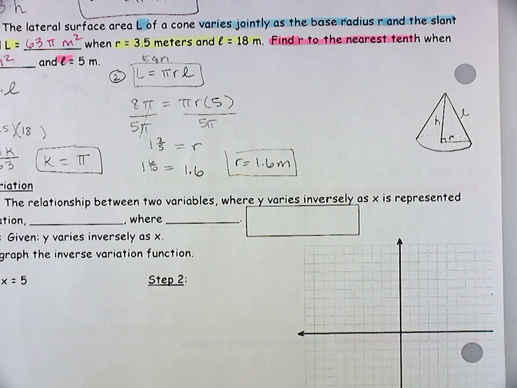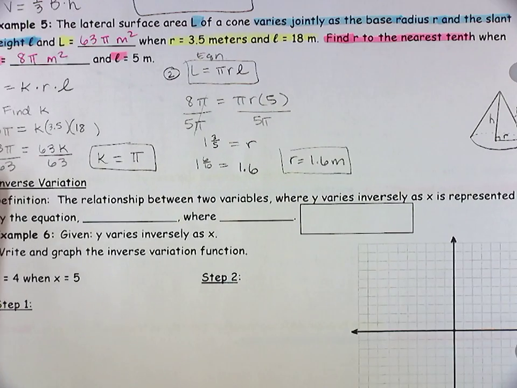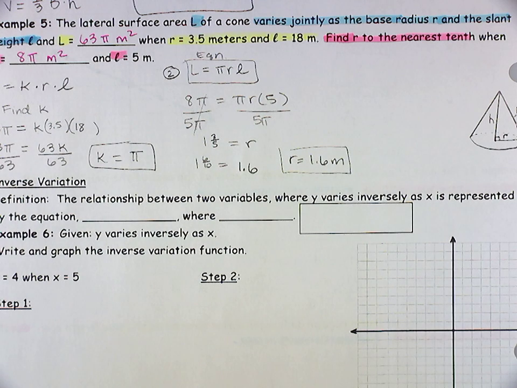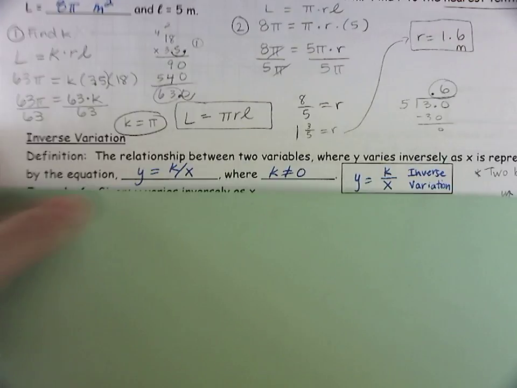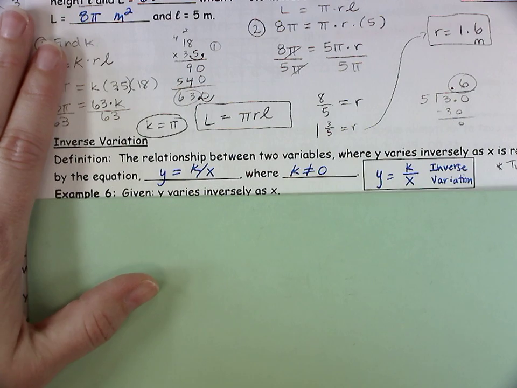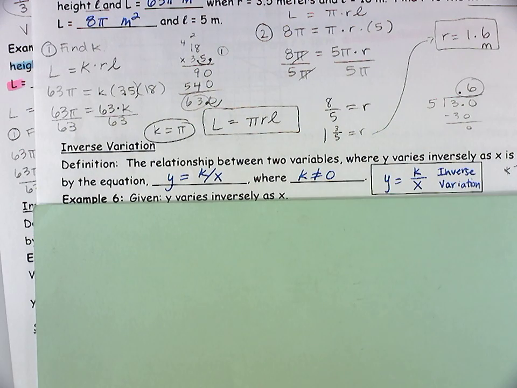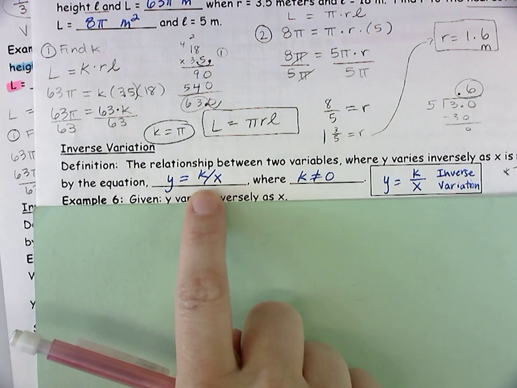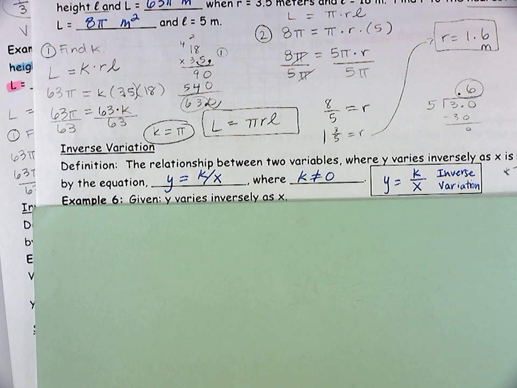Okay, let's go to inverse variation, which is our last type of variation that we're going to learn today. For inverse variation, the relationship between two variables where y varies inversely as x is represented by the equation y equals k divided by x.